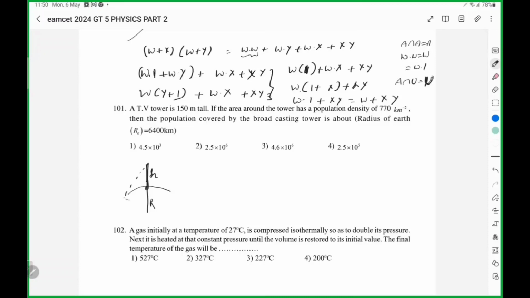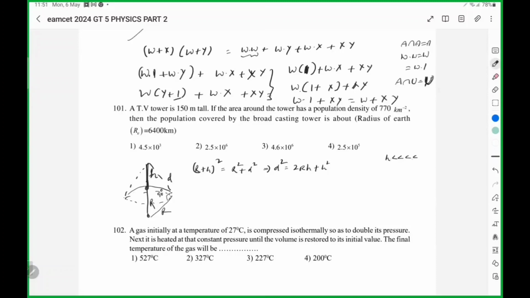It can transmit the signal like this, which is the center of the Earth. Here is 90 degrees. So R plus H whole square is R square plus D square, which implies D square is 2RH plus H square.